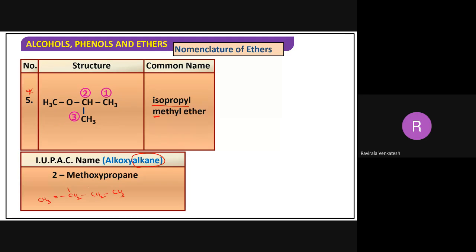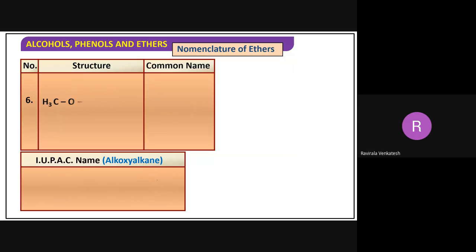This is called 1-methoxypropane, and this is called 2-methoxypropane, with OCH3 on the second carbon. Understood here? Any doubts in 4th and 5th? No, sir, no doubt, right?